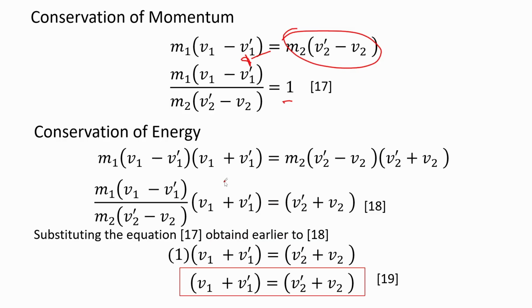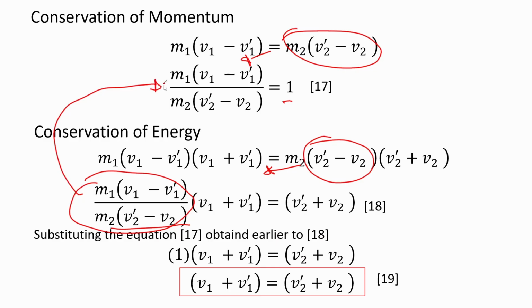So if we put down your v2 prime, we cross it to the bottom, you get this expression. Why is that? Because we need something in the initial form so we can substitute its value. So this one is equal to 1, so it is a ratio of 1. So 1 times this one is the same as this expression here. That means we have simplified it into v1 plus v1 prime is equal to v2 prime plus v2.